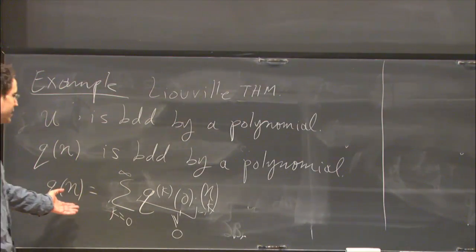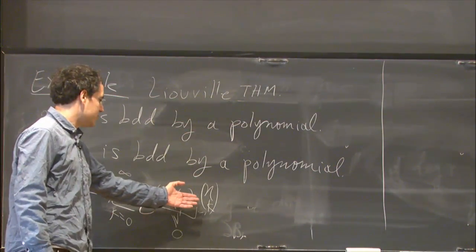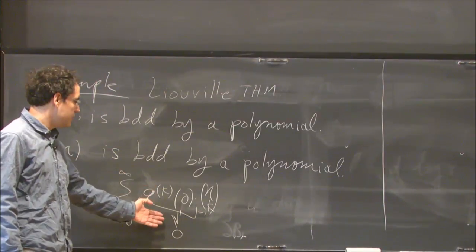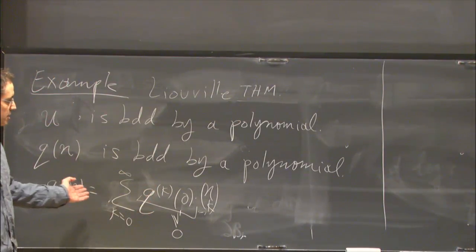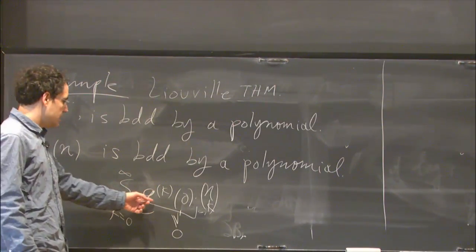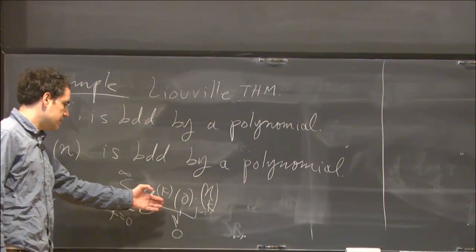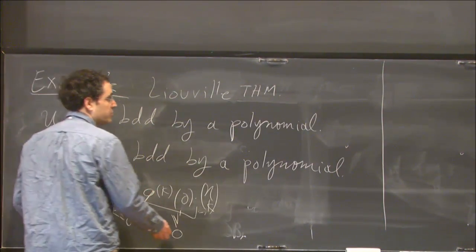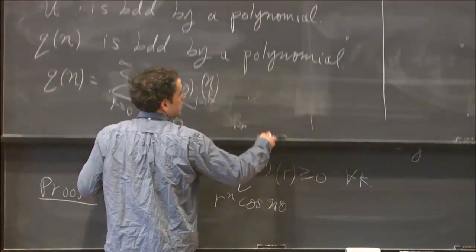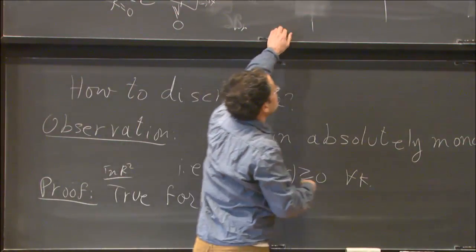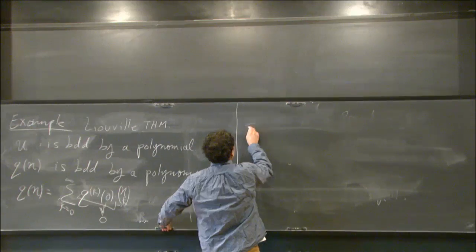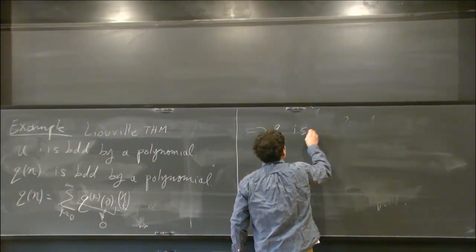On the one hand, it should be bounded by a polynomial; on the other hand, all derivatives are non-negative. So from some point on, these derivatives are 0, and we get that Q is a polynomial.